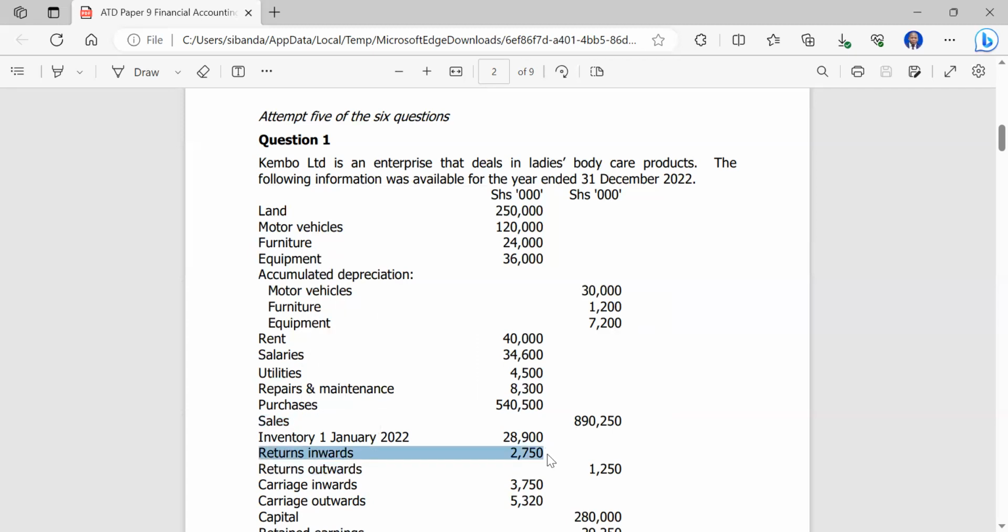And return inwards are basically what we've sold to our customers, and they have returned those goods. Maybe we delivered more than what they needed, or maybe there are faulty goods that we delivered, so that's why they are bringing them back.